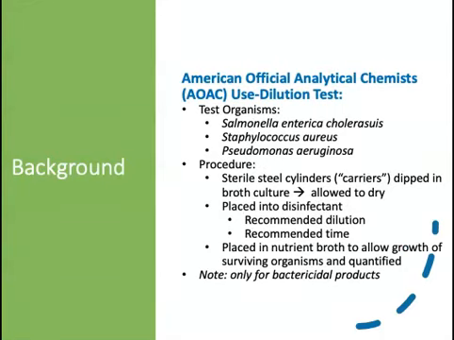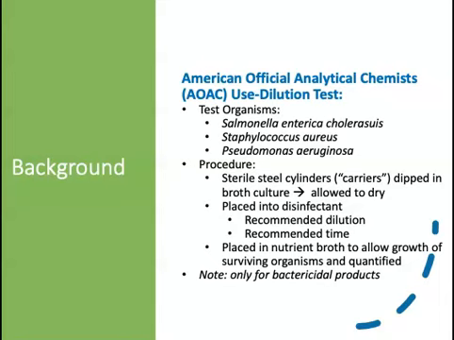In addition to the decimal reduction time, there are other tests that are performed on chemical disinfectants to make sure that they are effective for that particular use. One other one that I'd like us to be familiar with is called the use dilution test.